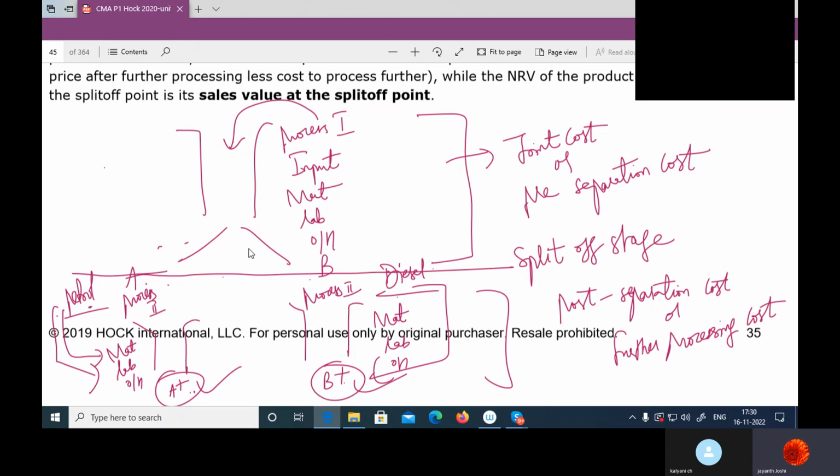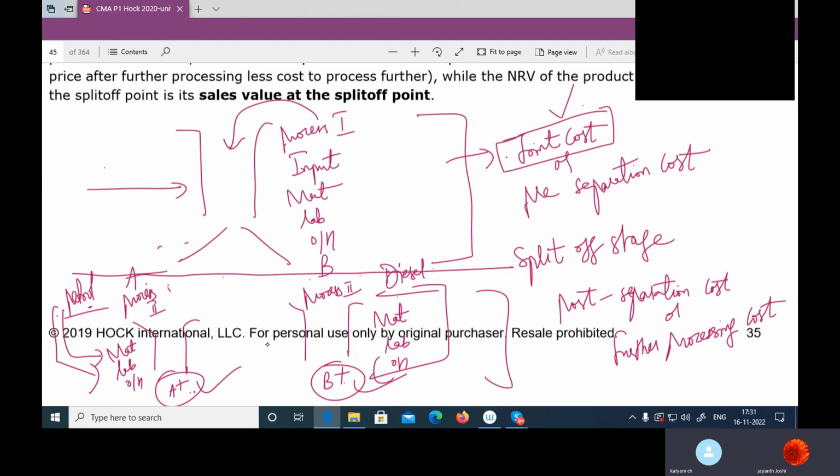Till here, whatever cost I have incurred is joint cost. So I will divide this joint cost into these two products and find out each product's cost individually.